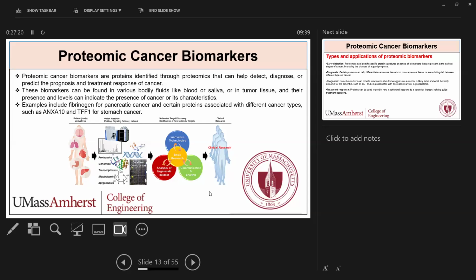So with that idea, we try to focus on proteomic cancer biomarkers. They are nothing but the proteins that can help detect, diagnose, or predict the cancer, the prognosis and treatment. These biomarkers are present in various bodily fluids like blood, tissue, or tumor tissue, and their presence and levels indicate the presence of cancer or its characteristics.